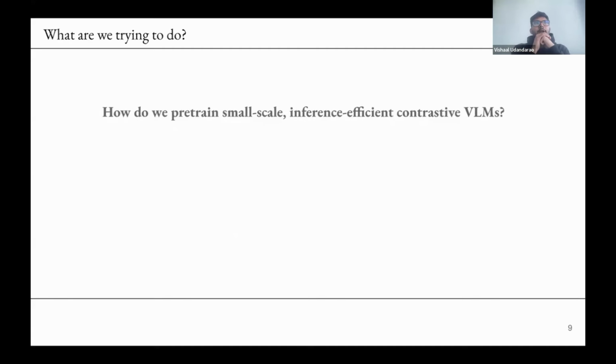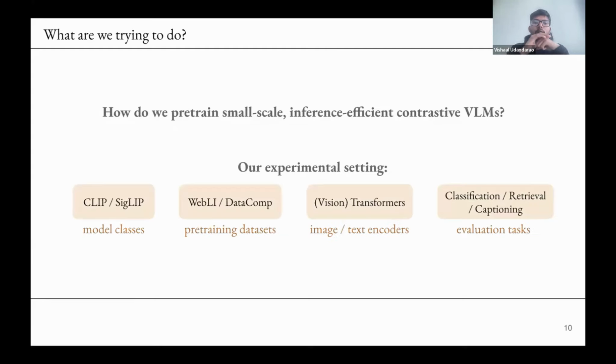Okay, so given that background, the goal and the scope of our work is with respect to contrastive VLMs. Our research question is, how do we pre-train small-scale, inference-efficient contrastive VLMs? What does that mean? Our setting is under the CLIP and SigLIP model classes.